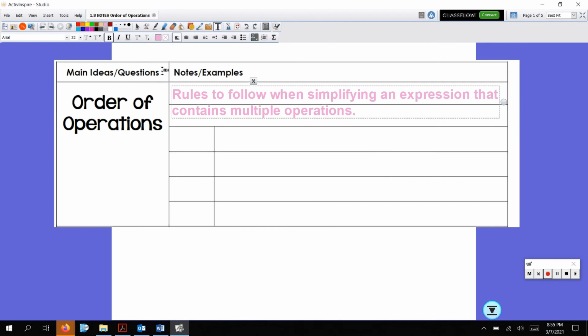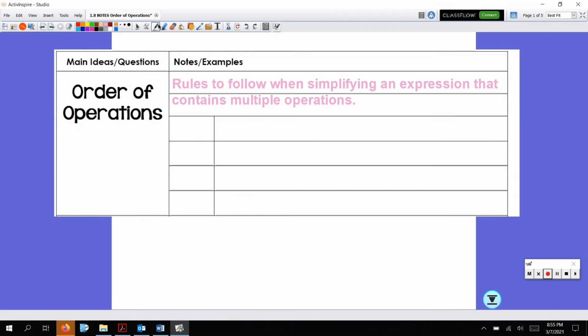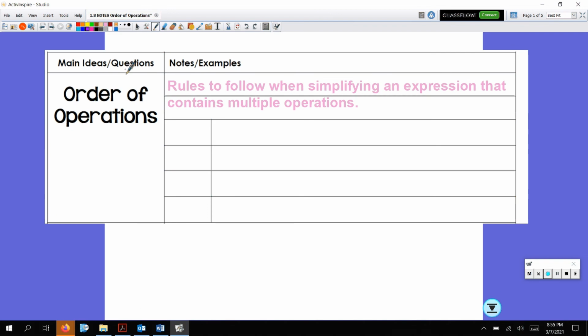This is nothing new, guys, okay? So remember order of operations, there's an acronym, you take the first letters and you make something and it's PEMDAS. We're going to write it like this.